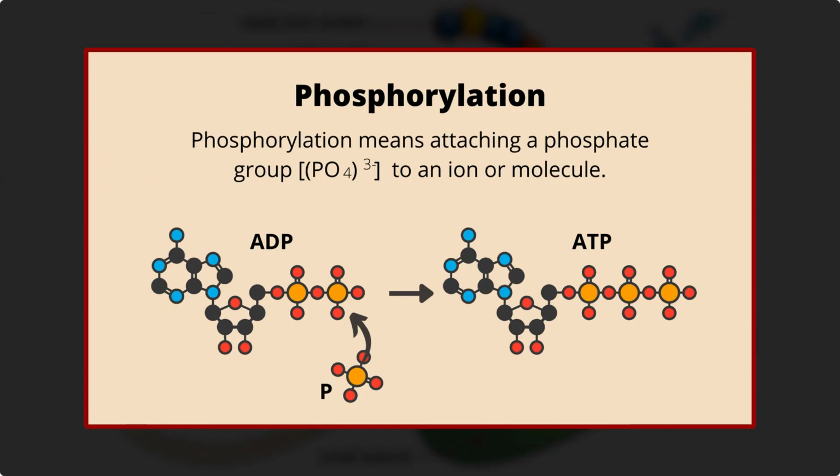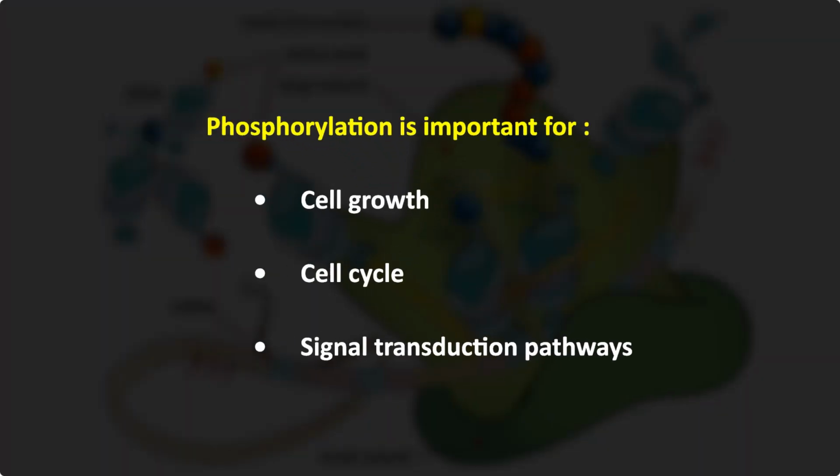Phosphorylation is the reversible attachment of the phosphate group to a specific residue of the target protein. Phosphorylation is catalyzed by protein kinases and phosphatases. Phosphorylation is important for cell growth, cell cycle, and signal transduction pathways.